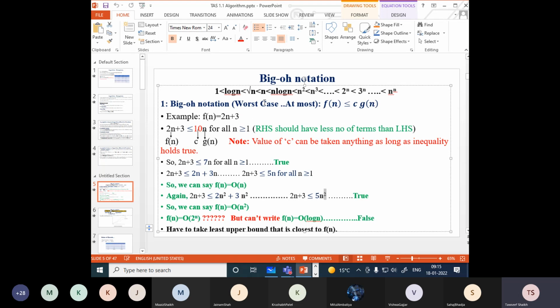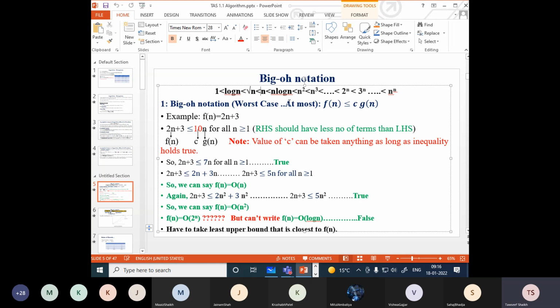The point here is, if you look at this chart, the functions I have given here, since our f of n was linear in time, 2n plus 3, it was following this function n. All the functions on the right side of this n, meaning n log n, n square, n cube, 2 power n, could all be the big O of this n.